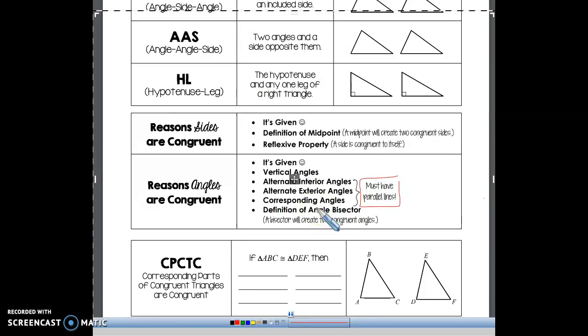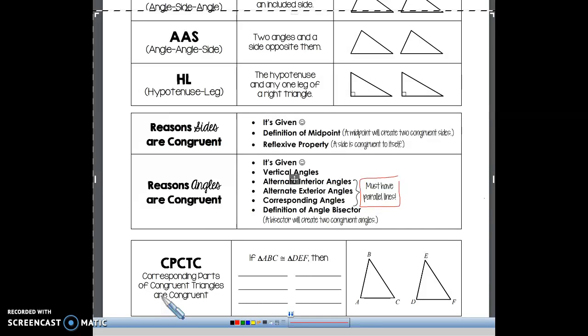And then the last little thing that you need to know for proofs is something called CPCTC. It stands for corresponding parts of congruent triangles are congruent, which means if I know my triangles are congruent, I know that my corresponding 3 sets of sides and my 3 sets of corresponding angles have to be congruent.